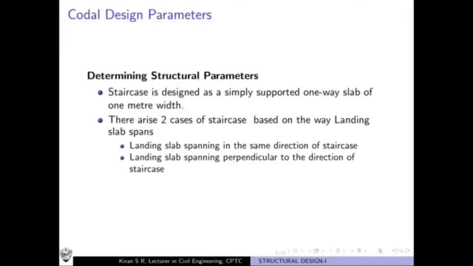A 1 meter strip was chosen for the design, you determine the value of steel for that particular strip, you find the spacing between bars, and you apply the bars throughout the entire length of the slab. That is exactly what we do here. We assume the strip to be 1 meter wide, you find AST, you find the spacing, and you apply the reinforcements throughout the entire width of the staircase.